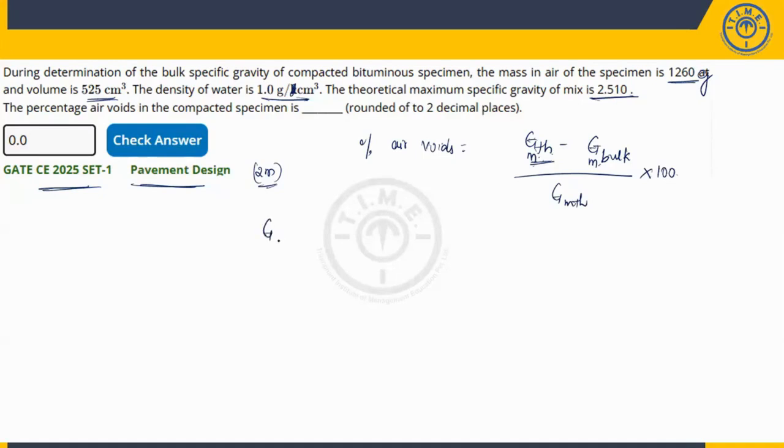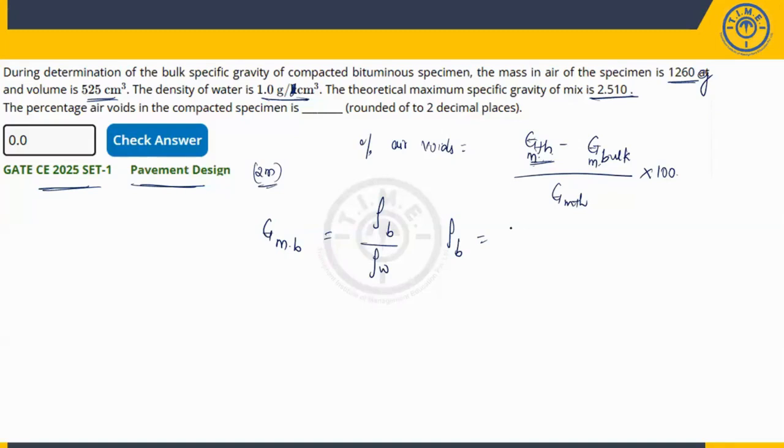Now let's work out the bulk specific gravity. Bulk specific gravity is nothing but density of bitumen mix by density of water. How do you get the density?